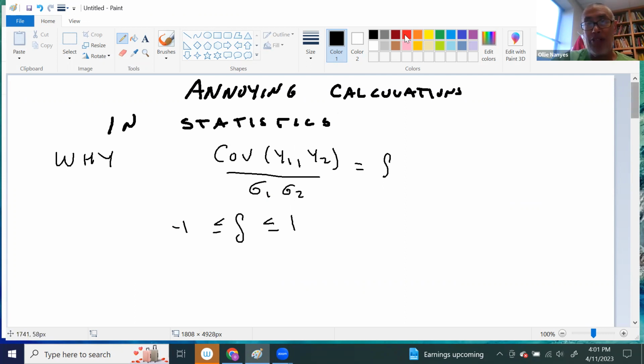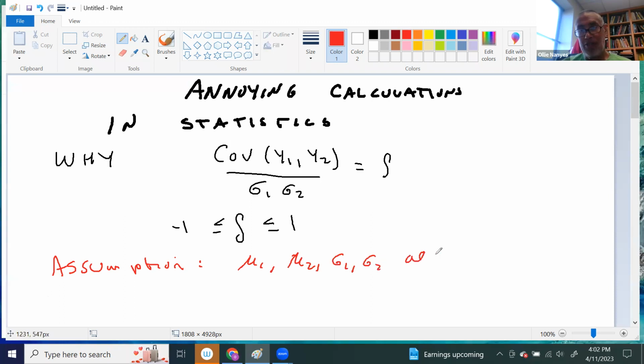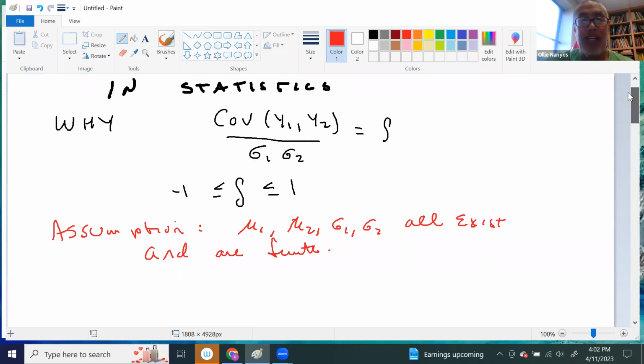And of course, the assumption here, and pedantic enough to say it, is that mu1, mu2, sigma 1, sigma 2 all exist and are finite. And yes, there are some distributions where that's not the case. Okay, so let's get started here.